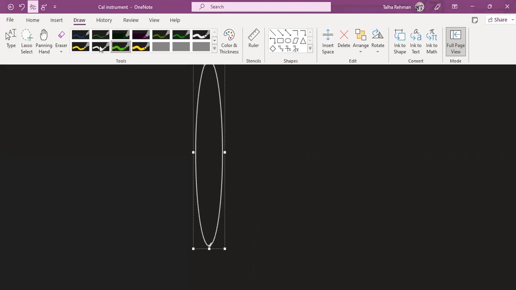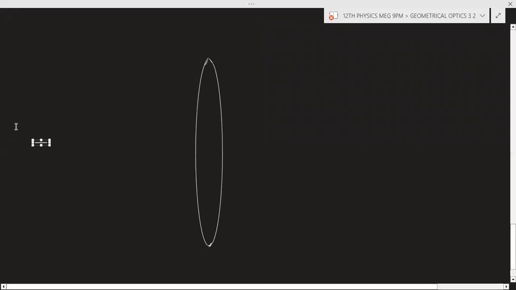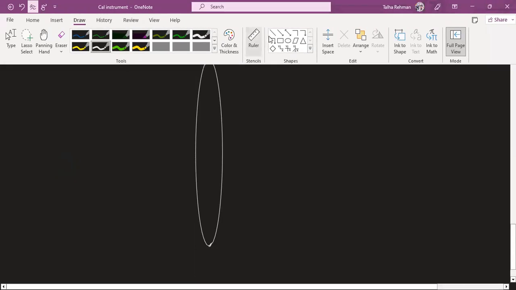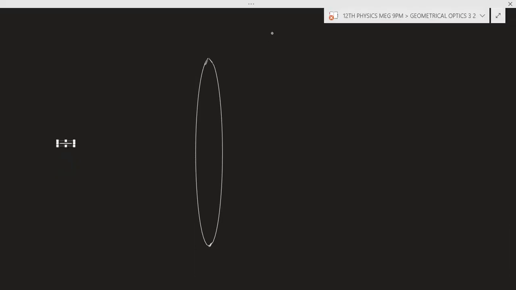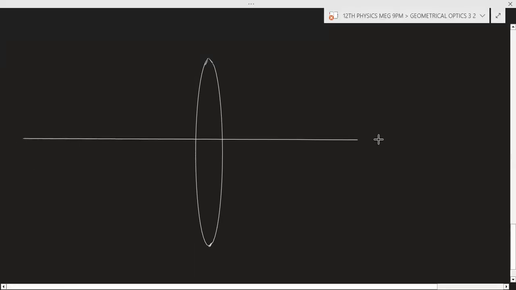And for this convex lens, this is the principal axis.